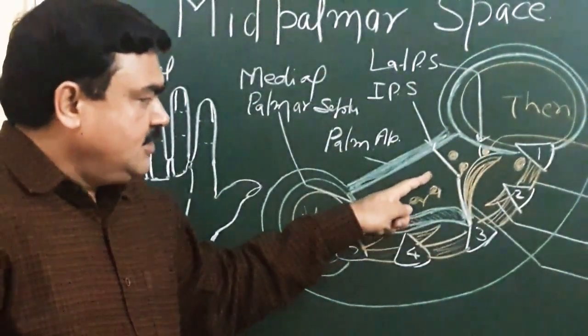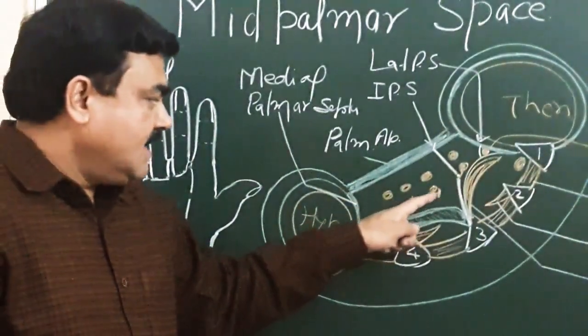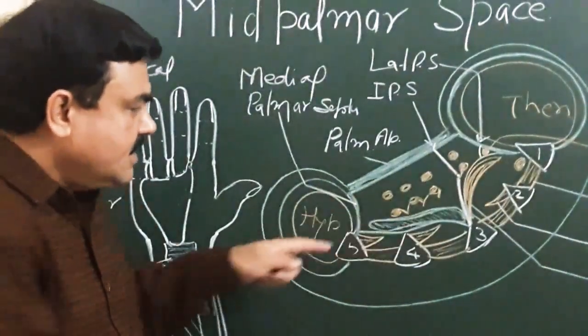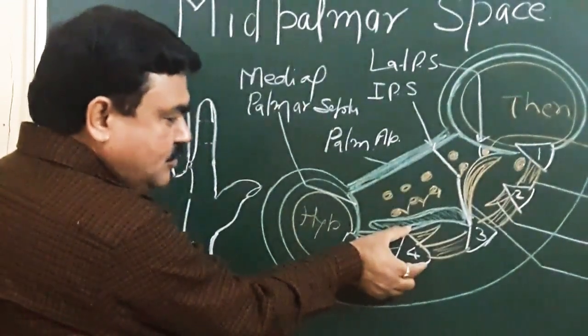These are flexor digitorum superficialis, flexor digitorum profundus, and the second, third, and fourth lumbricals. So these structures form the anterior boundary.